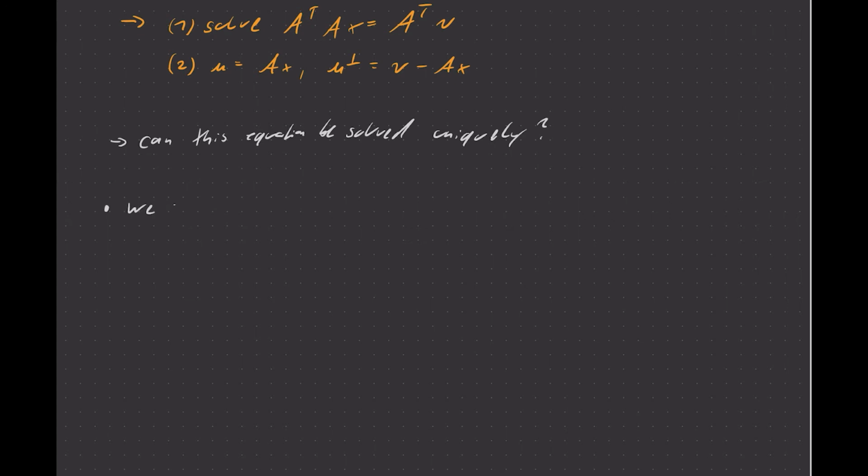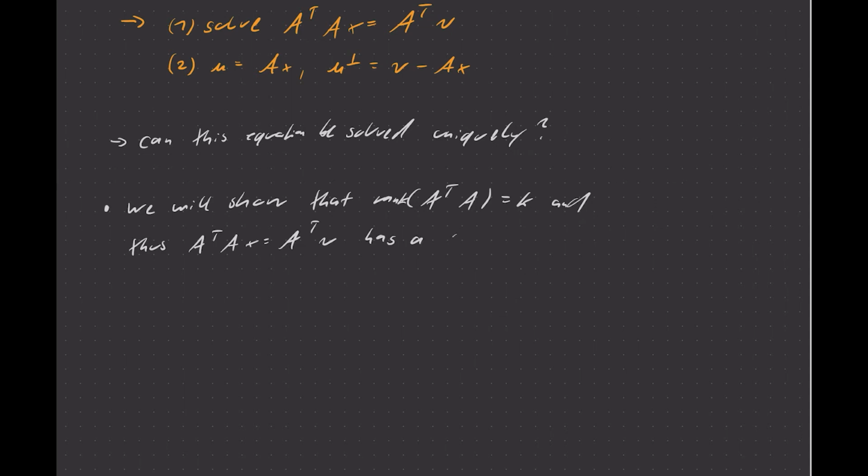So we will show that the rank of A transpose A is k, and thus A^T A x equals A^T v has a unique solution.